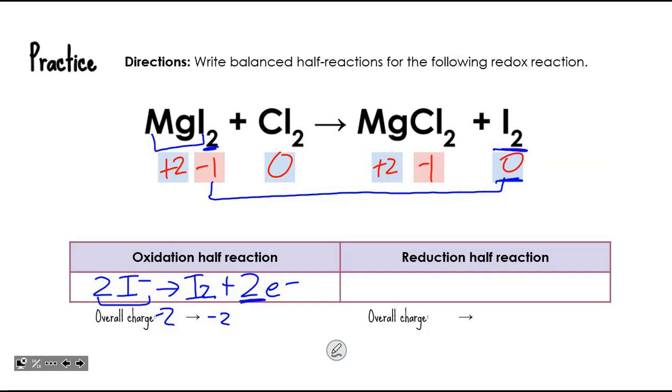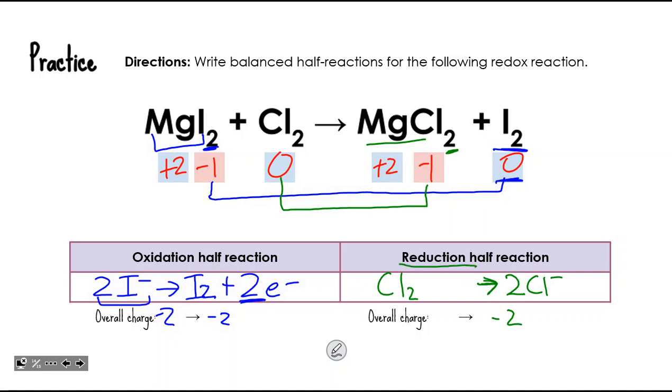Very good. That means over here that the chlorine must be the reduction half reaction. Starting out with our Cl2, going over here, now there's 2 in the compound like before, so it's going to be 2Cl- like so. So this is -2 over here.